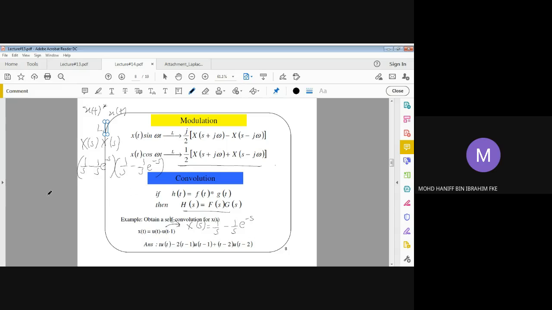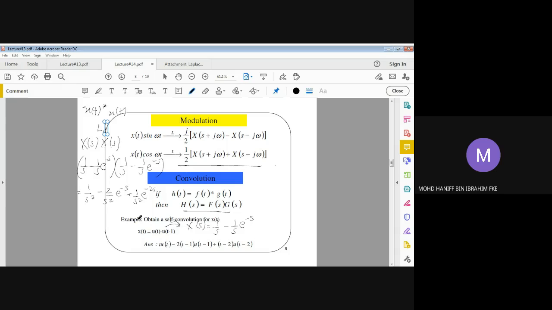That will result in 1 over s squared, minus 2 over s squared exponential negative s, plus 1 over s squared exponential negative 2s. So this is the result of the self-convolution, but it is written in the frequency domain.